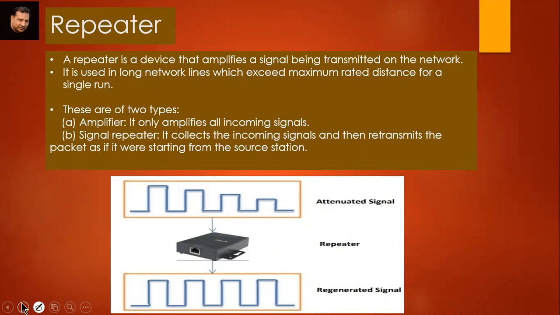Now see, we have another device that is called repeater, which repeats the signal, which regenerates the signal, or which re-amplifies the signal. So a repeater is a device that amplifies a signal just like active hub being transmitted on the network.